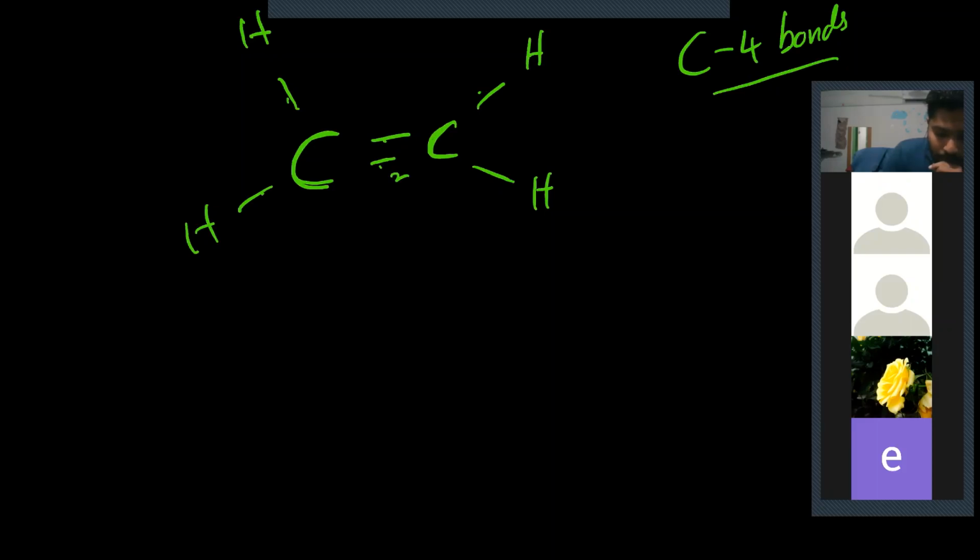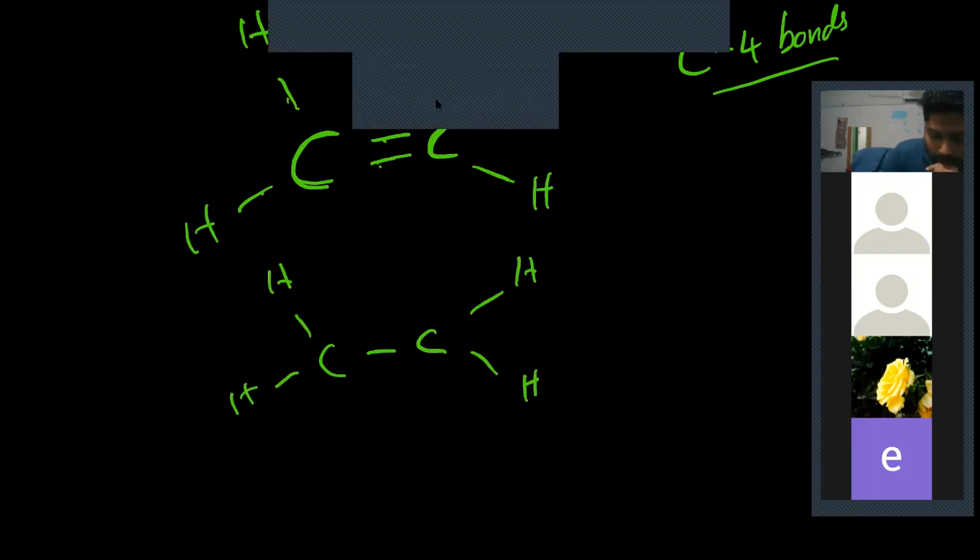But what will happen if the double bond is broken? If the double bond of the carbon is broken, each carbon is having 3 bonds now, right? 1, 2, 3 for the left side carbon, for the right side carbon also 1, 2, 3. As I mentioned before, a carbon should have 4 bonds in order to gain stability.